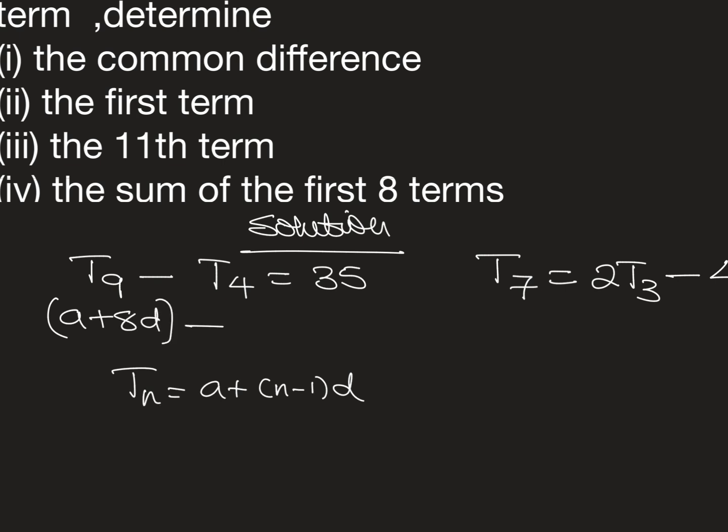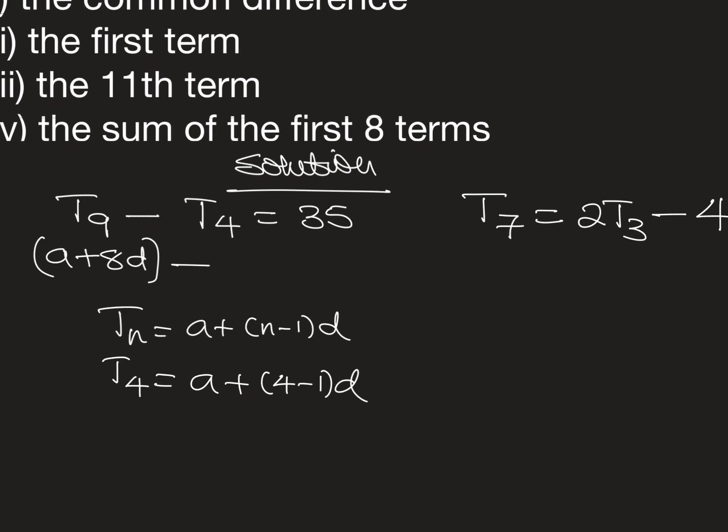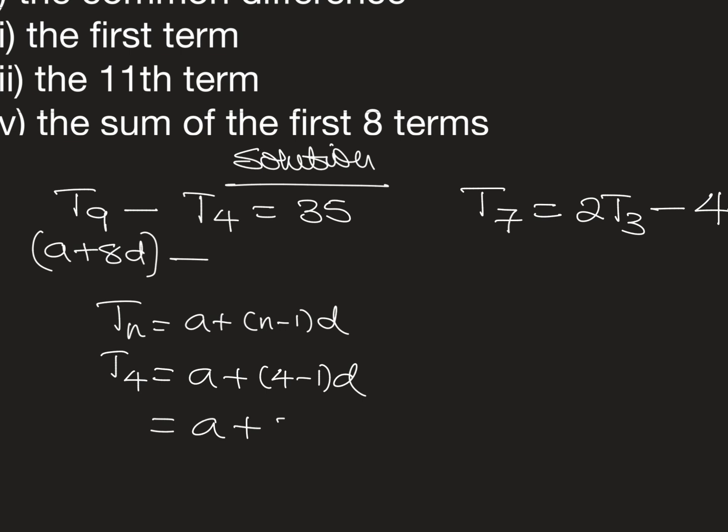So that is minus, for the 4th term, using t sub n equals a plus n minus 1 times the difference, t4 is equal to a plus 4 minus 1 times the difference. That will be a plus 3d, right? So that is what I'm going to write for the 4th term, a plus 3d. So this is equal to 35.